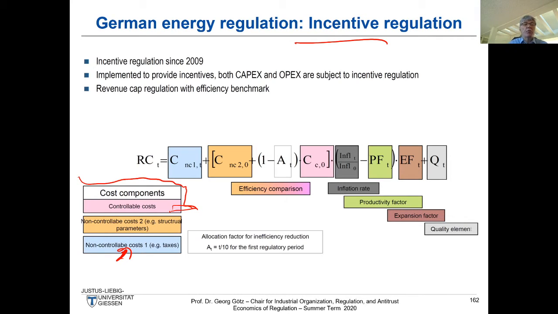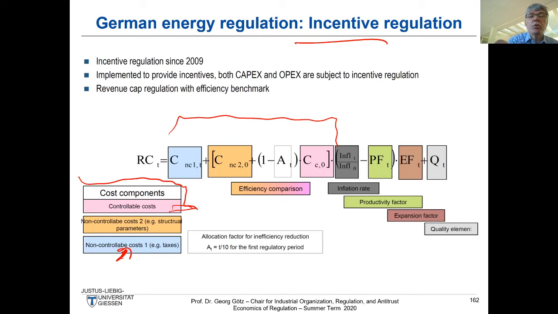Apart from this, in a sense, these cost components, apart from the A, which would be then the efficiency component, which is related to benchmarking. So this is more like the traditional part of cost of service regulation.